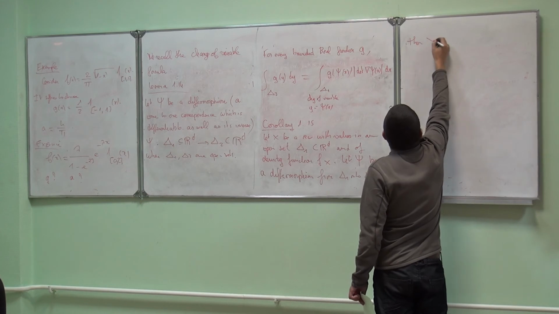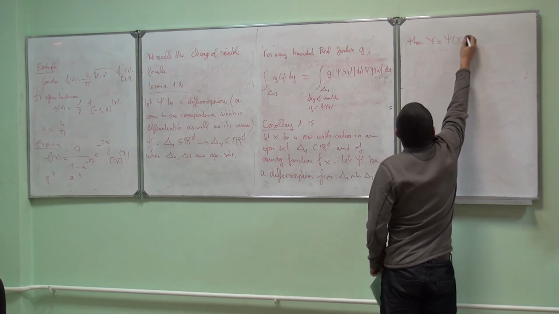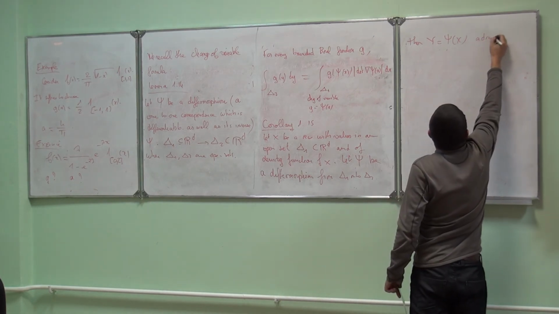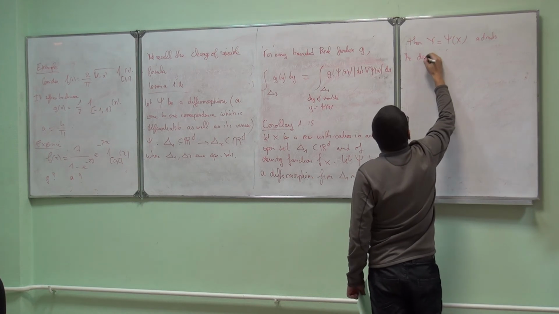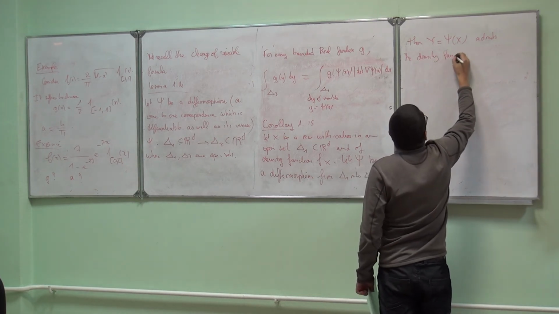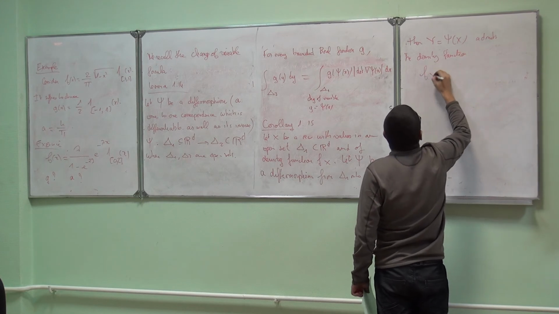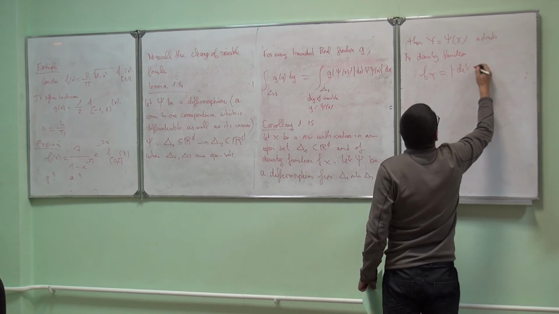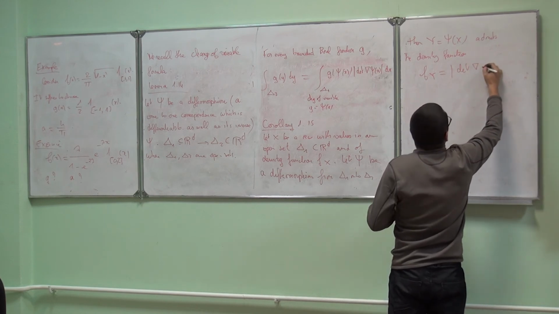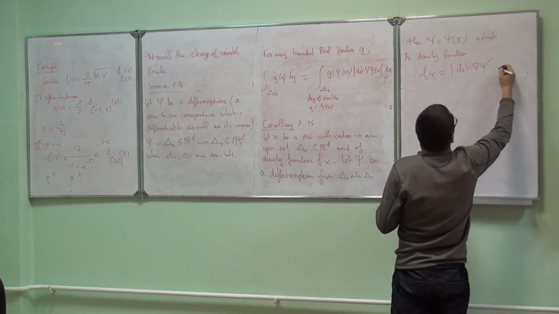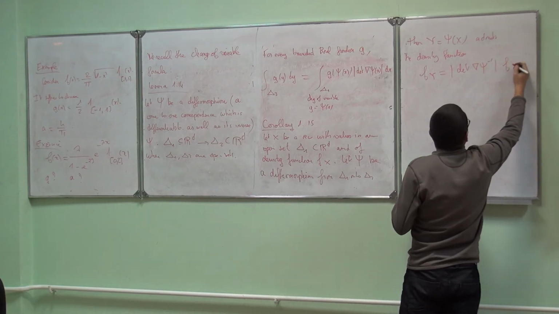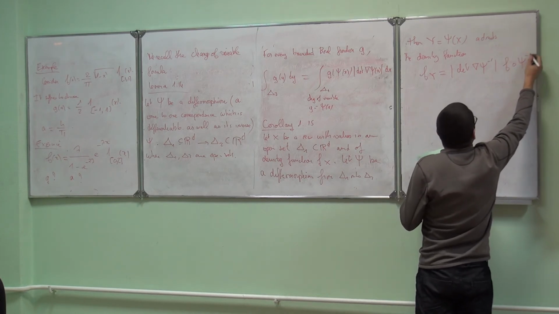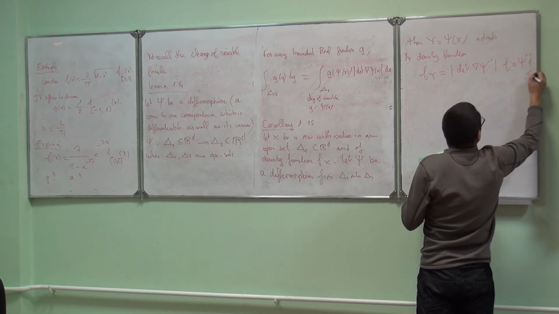Then Y equals ψ(X) admits the density function f_Y equals the determinant of the gradient of ψ^{-1} times f of ψ^{-1}, times the indicator function of Δ2.